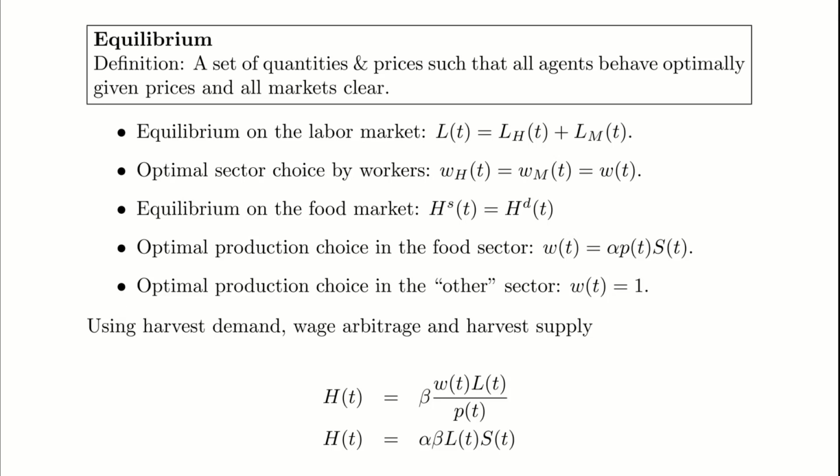So we use the equilibrium on the food market to set HS equals HD equal H. Then, using the production choice in the food sector, we may simply divide on each side by P, and we get W over P equals alpha S. Substituting this in the harvest demand function, we recover our prior harvest function, H equals alpha beta LS.